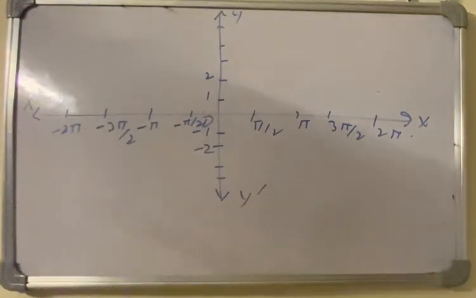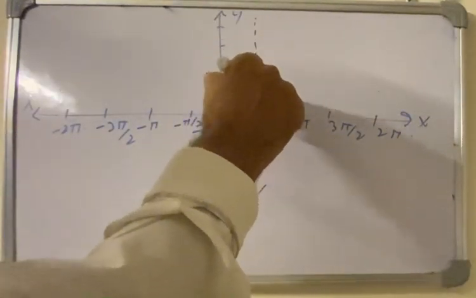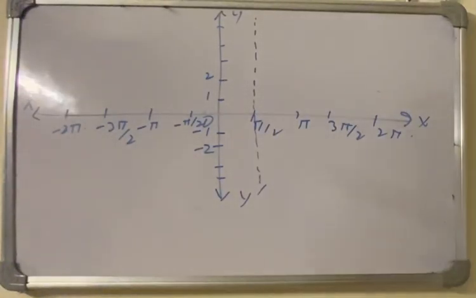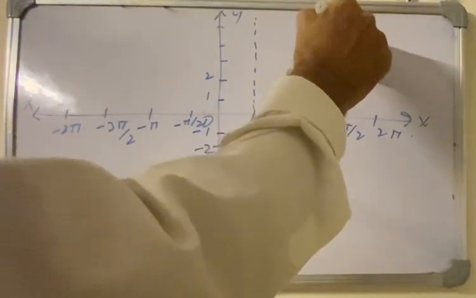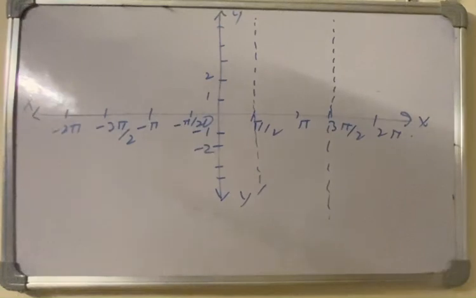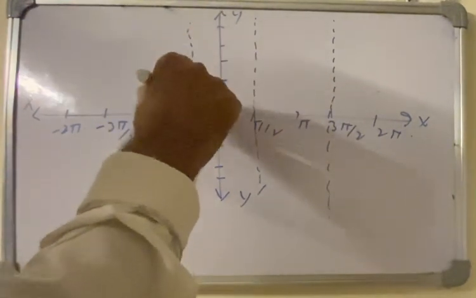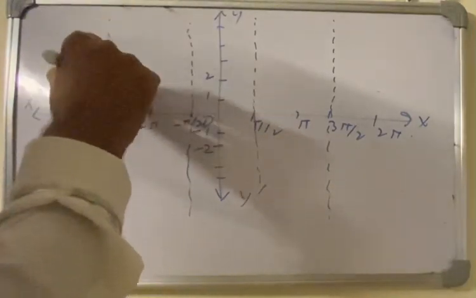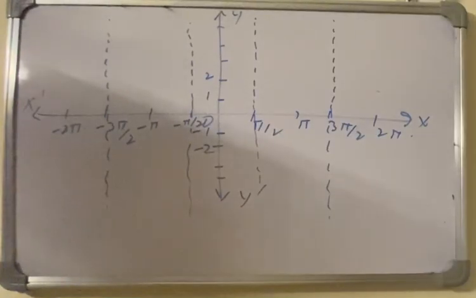First of all, we draw lines passing through pi by 2 parallel to y-axis, then passing through 3 pi by 2 parallel to y-axis. Similarly, minus pi by 2 parallel to y-axis, then minus 3 pi by 2 parallel to y-axis.